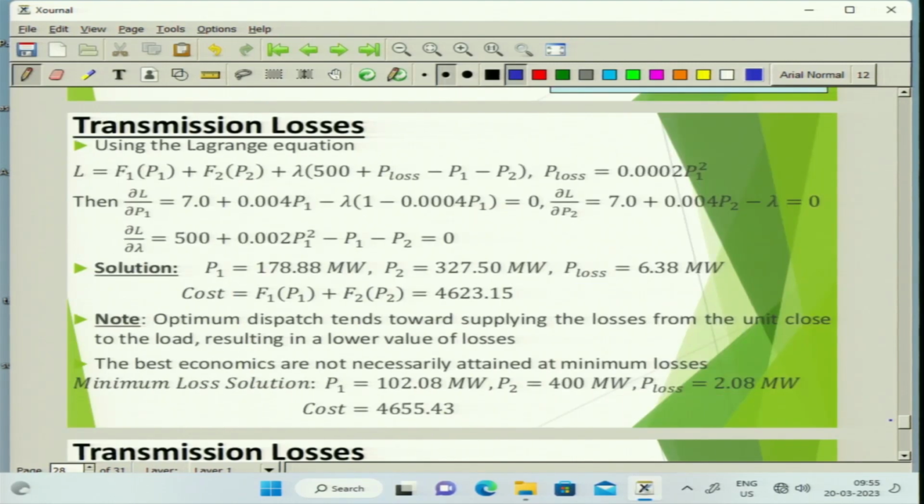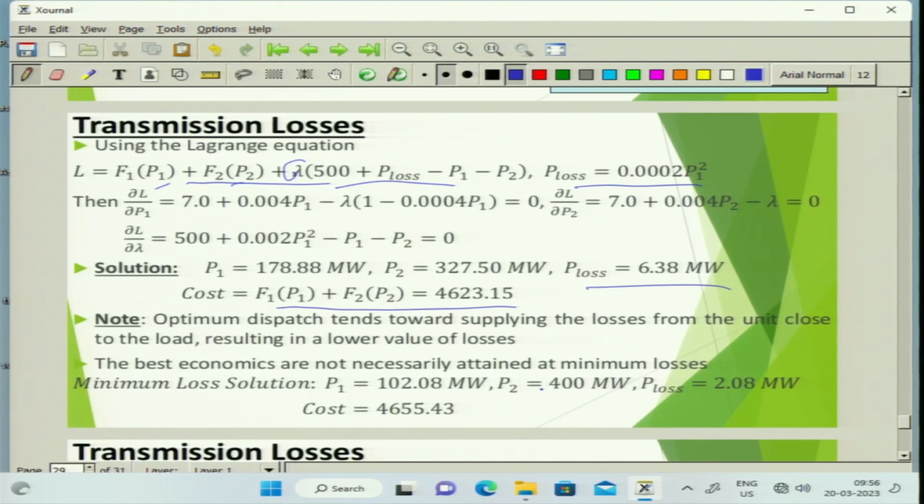Then you obtain this Lagrangian equation: cost of generator 1, cost of generator 2, Lagrangian multiplier into the constraint, and the loss expression is also there. Do you remember we discussed penalty factor, so that also needs to be considered. Finally you get loss as this much, and the overall cost will also include the loss.